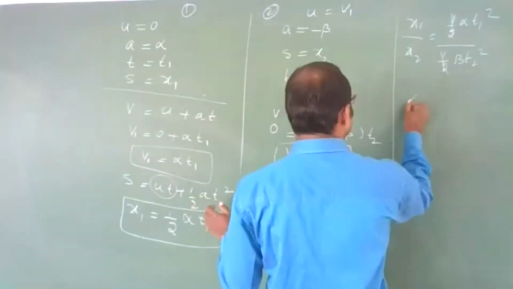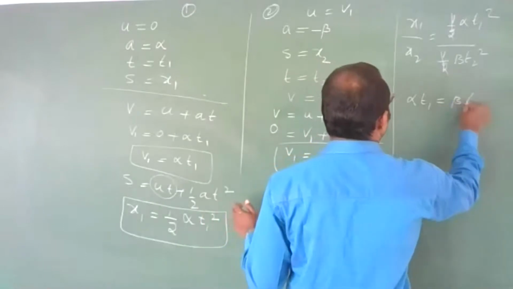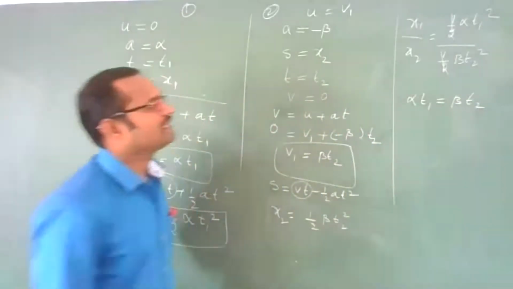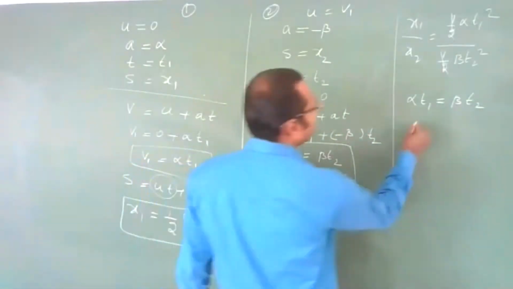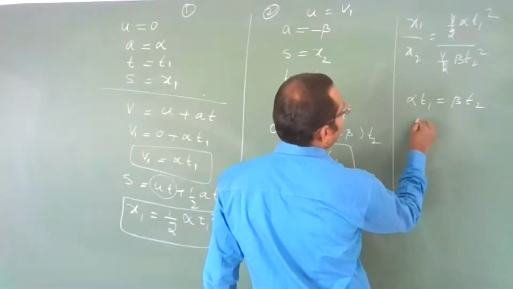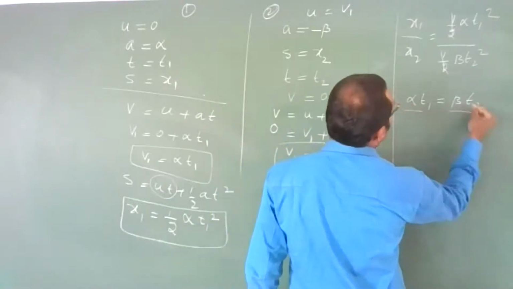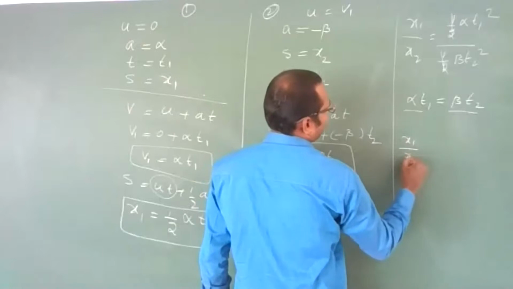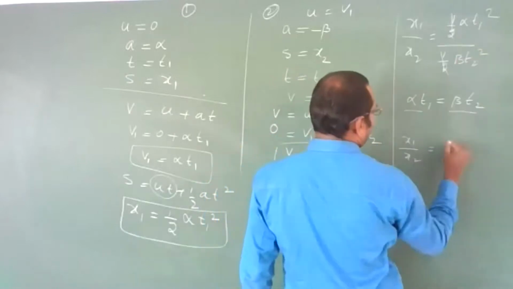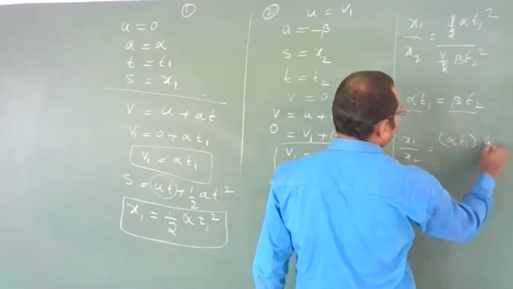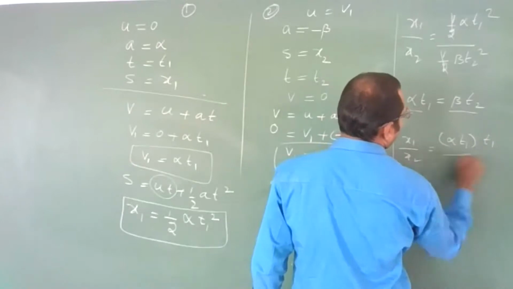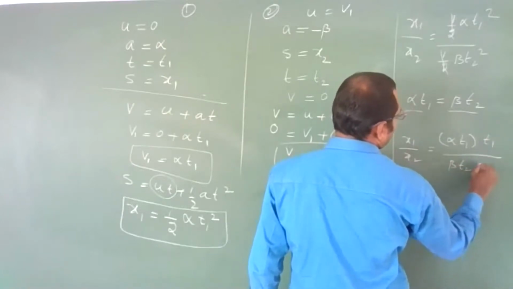From these two we can say alpha t1 equals beta t2. Substituting, x1 by x2 is equal to alpha t1 into t1 by beta t2 into t2.